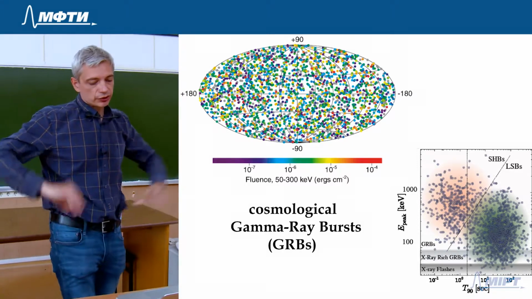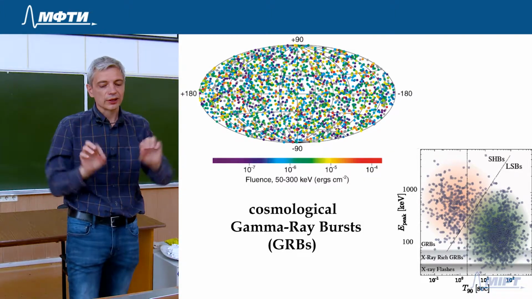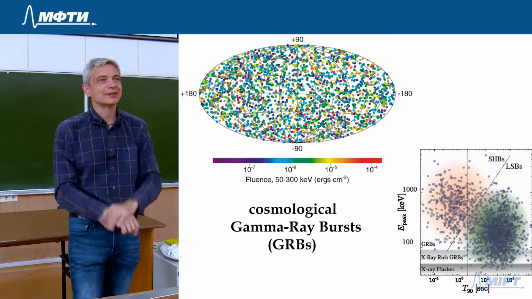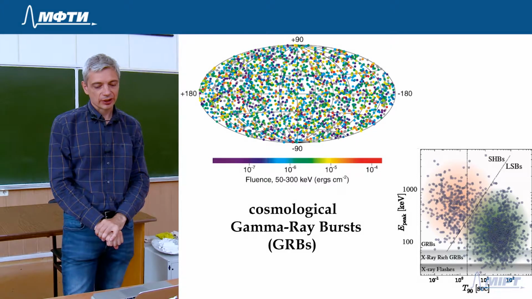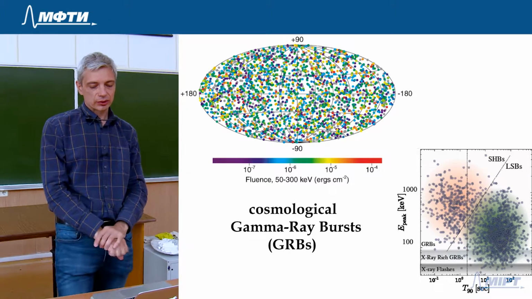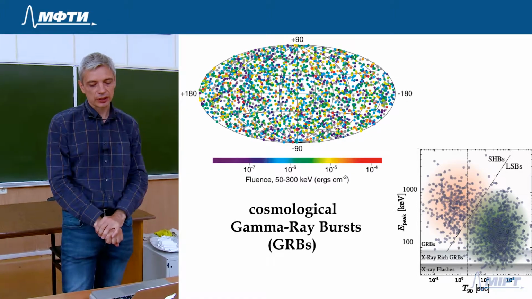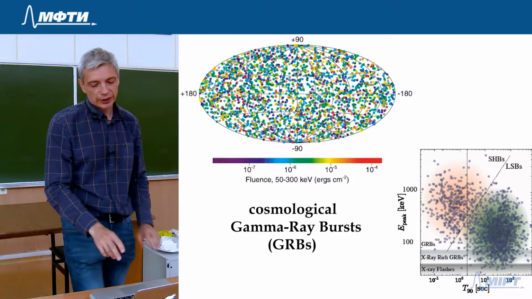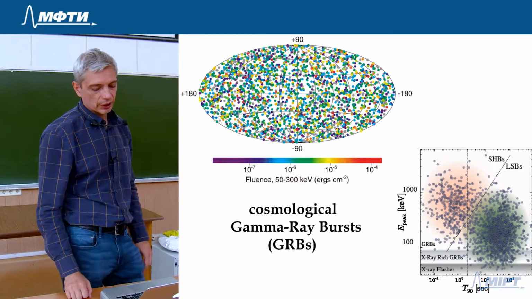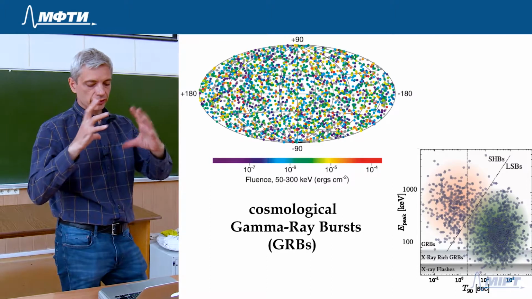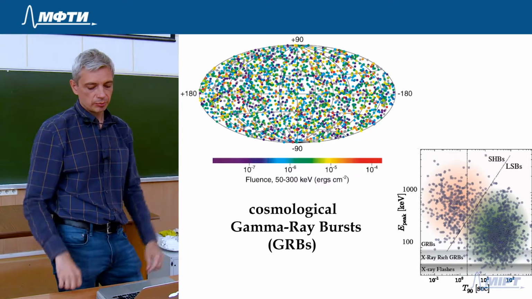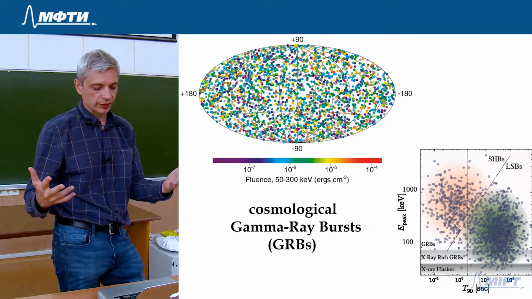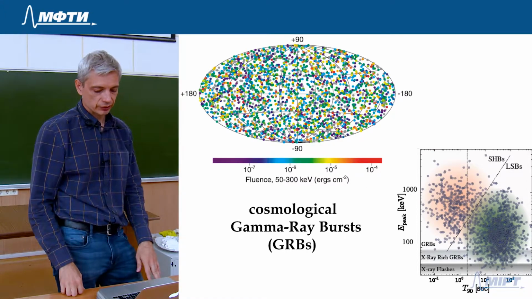And so on this diagram, you see two clouds. Well, you are guided by the color, but it's statistically very significant. There is this pink, orange color and green color. It's quite clear that the long bursts, the green color here, congregate around a 100, 200 keV peak and durations of 3 to 10 seconds to 100 seconds.